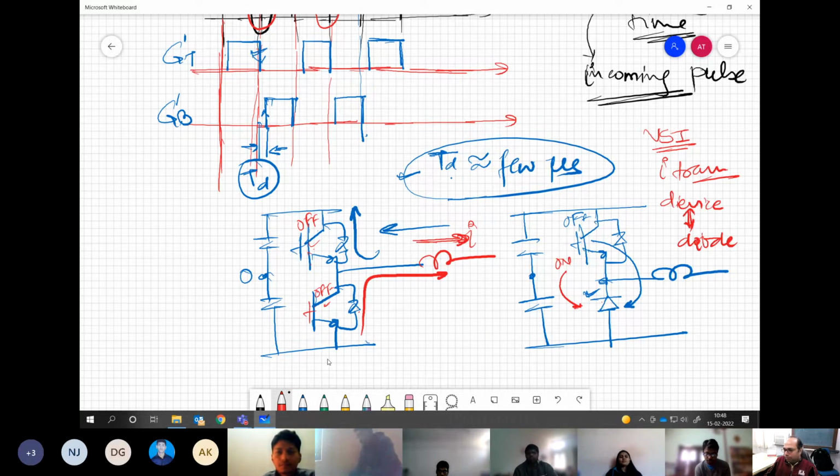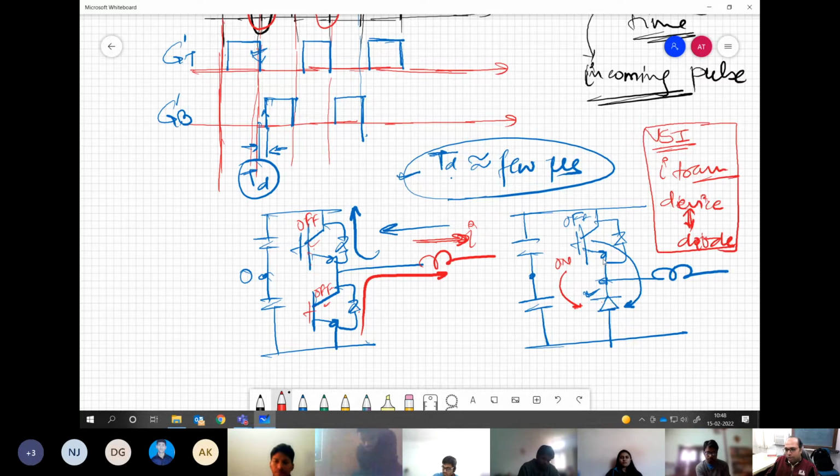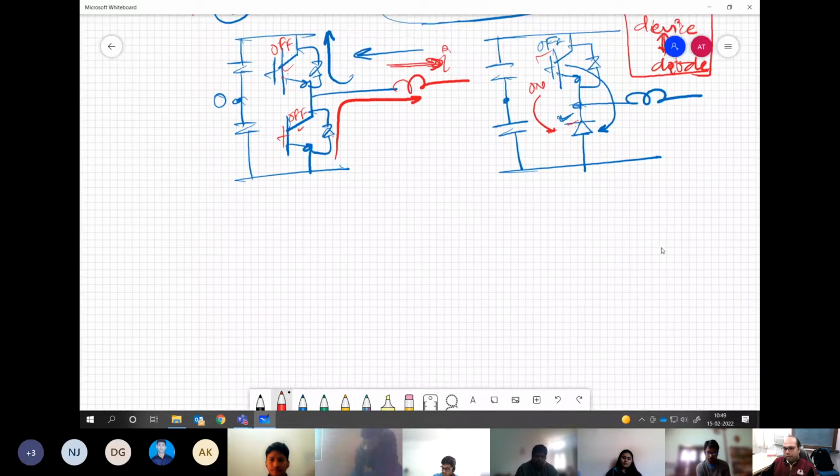Understanding my point? Yes, sir. So this you need to remember. The transition of current is always between the device and the diode, and it is the opposite diode, of course. This device and this diode. Correct? So because of this, our dynamic characteristic of the device is not just dependent on what it is, but it is dependent on the circuit conditions.